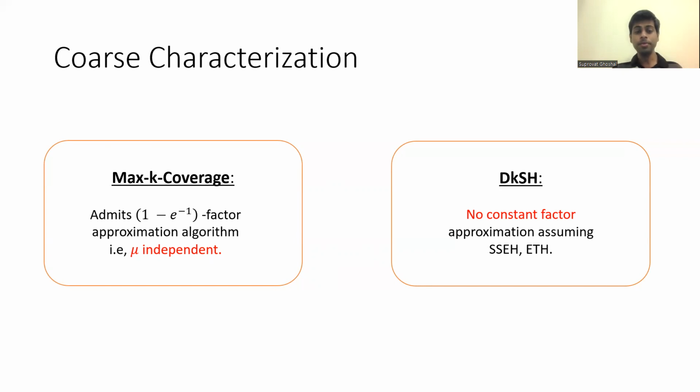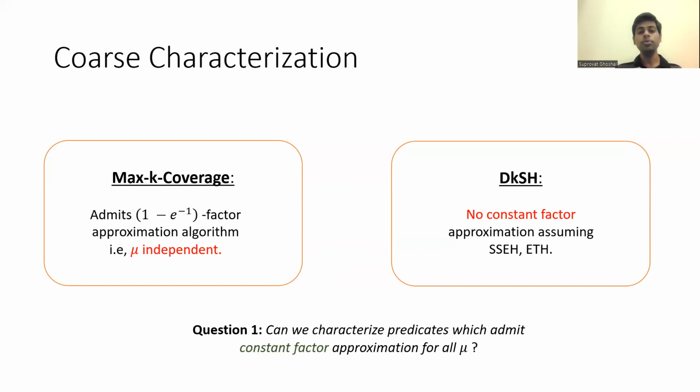So what we hope to do is to understand this behavior more systematically, where we want to establish a dichotomy of sorts, where biased CSPs for certain predicates admit constant factor approximation algorithms, while for some other predicates there is no constant factor approximation algorithm. And we want to understand what kind of predicate structure governs this behavior.